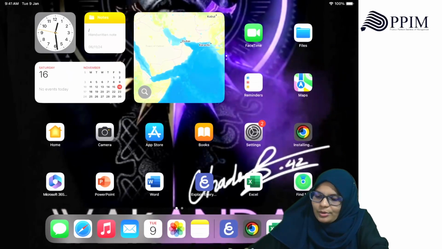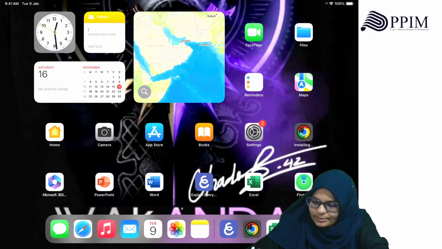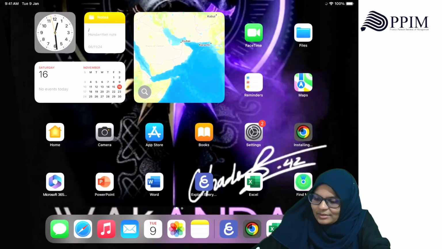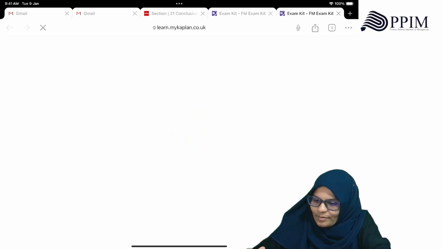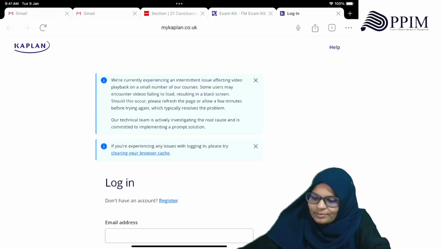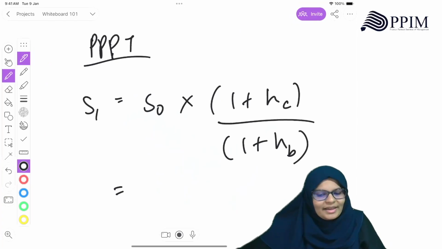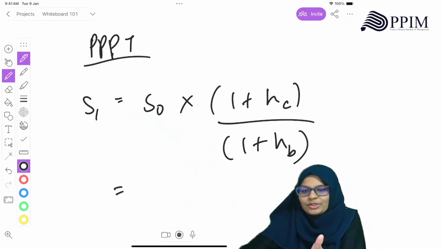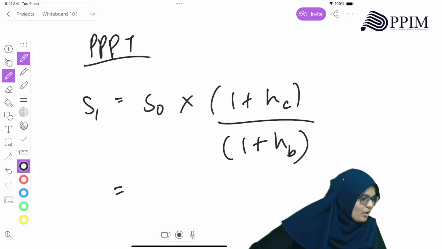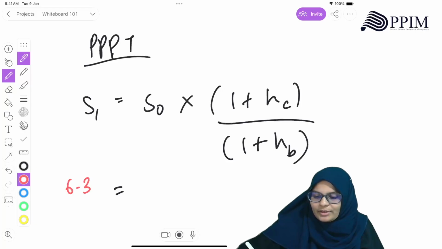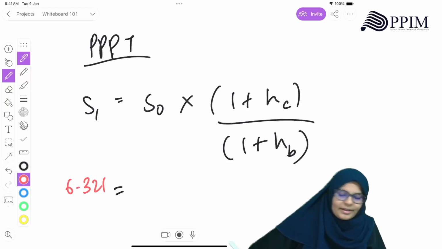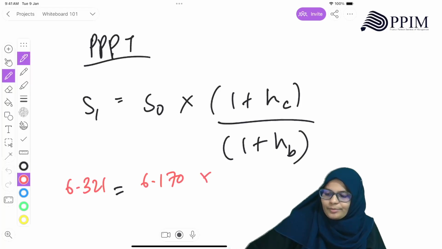Now we know the future spot rate. I have the future spot rate, which was the forward rate, which is 6.321, and the current spot rate was 6.170.